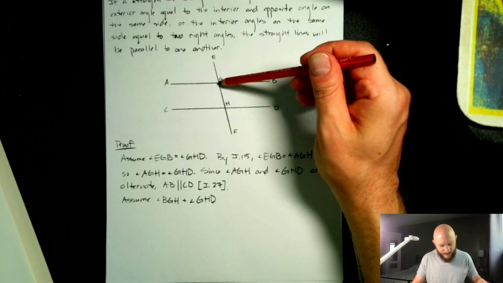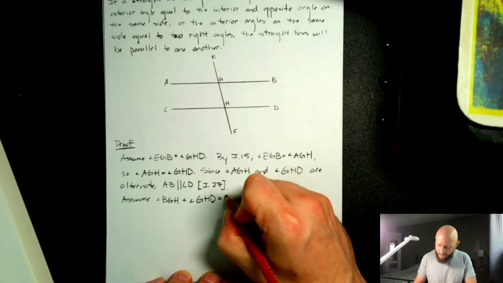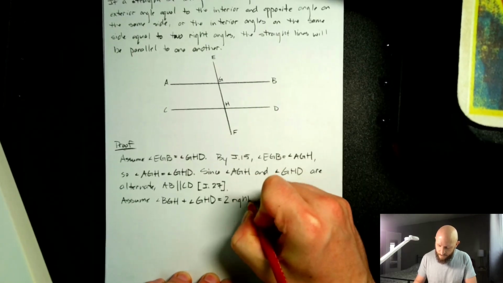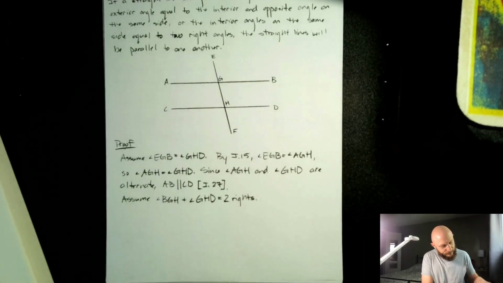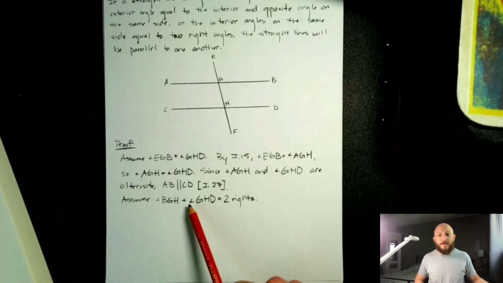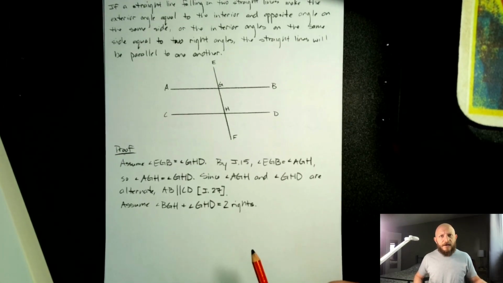So yeah, we're assuming that BGH and GHD is two right angles. I'll just say two rights. This is just something that we're assuming. This doesn't come from a proposition; we're saying, assume that this is how the setup is.